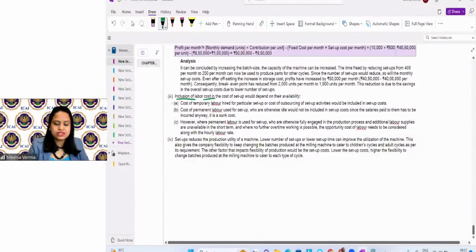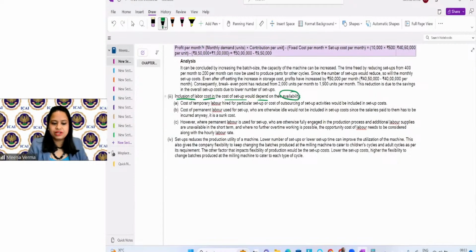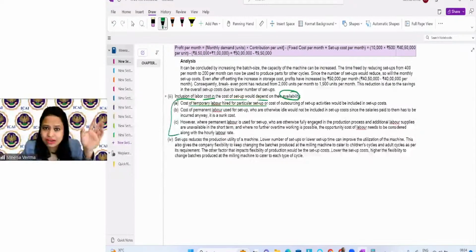Inclusion of labor cost in the cost of setup would depend upon the availability of these points. The first point is the cost of temporary labor hired for a particular setup. If you hired a specific labor for that specific job, temporary, then you can identify the cost and that will be included in setup cost.